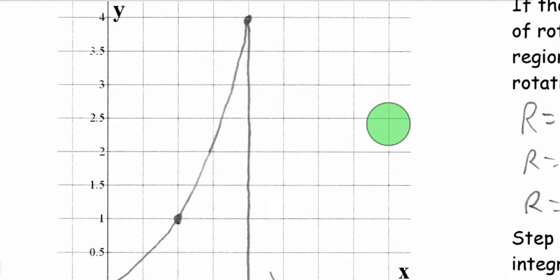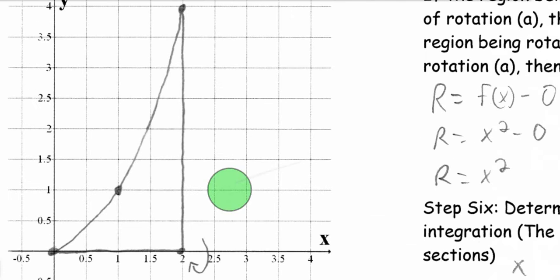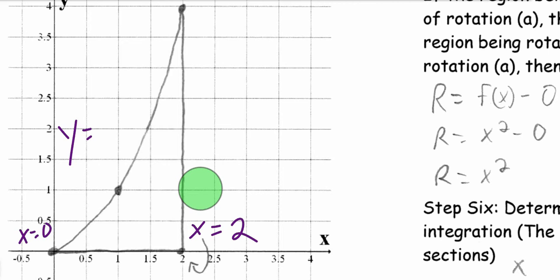So this is just like when we did cross sections. Here's our y equals x squared, or x equals square root of y, same thing. When we sketch it, we can see that it's bounded on the left at x equals 0, and on the right, x equals 2. So how do you know what to get your equation in terms of? Well, it has to be in terms of x.